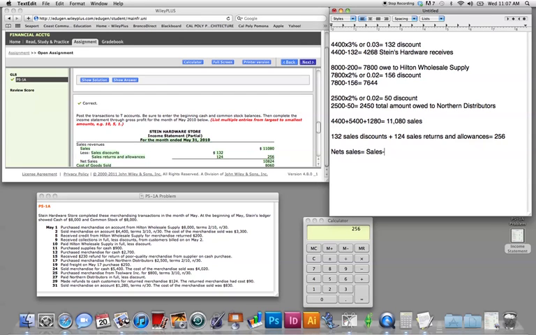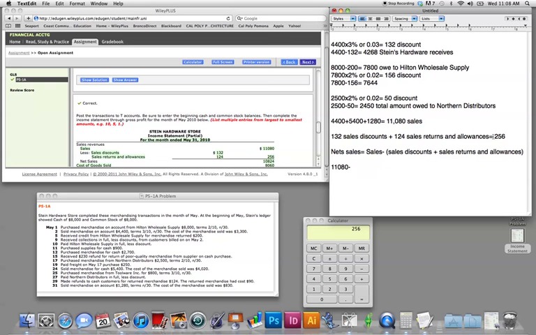So now, in order to calculate our net sales, we need to do sales minus our sales discounts plus our sales returns and allowances. So to calculate our net sales, we take our sales, which is $11,080, minus our combined total of sales discounts and sales returns and allowances.